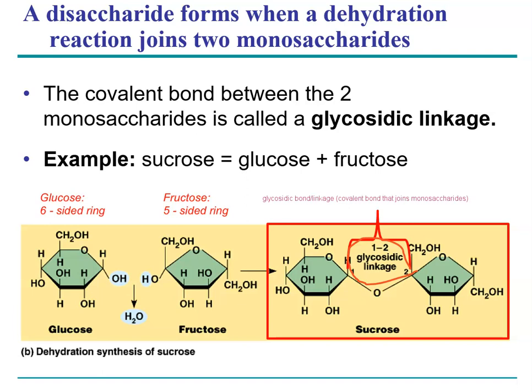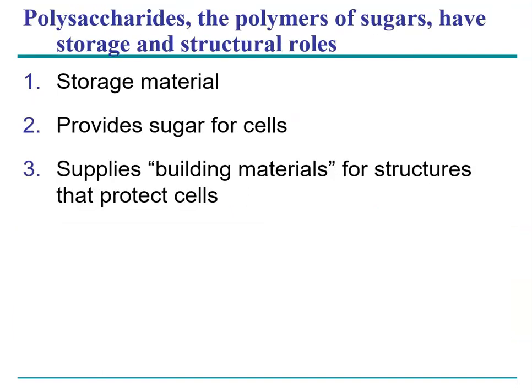Okay, let's take a closer look at polysaccharides now. Polysaccharides are similar to glucose in that they still contain the potential energy to provide fuel for a cell to be able to do work later on. But because these molecules are much larger than a monosaccharide, it takes a lot more to access that fuel.